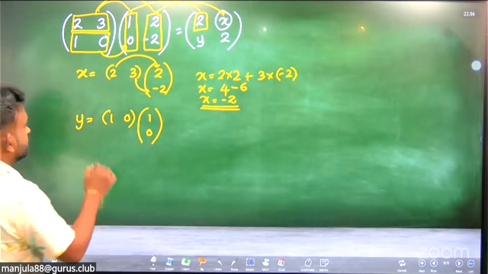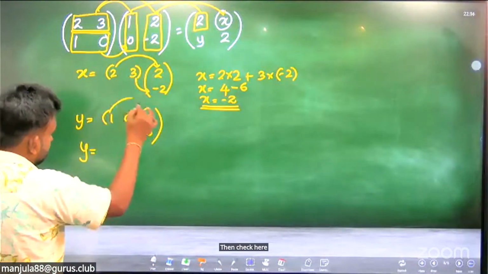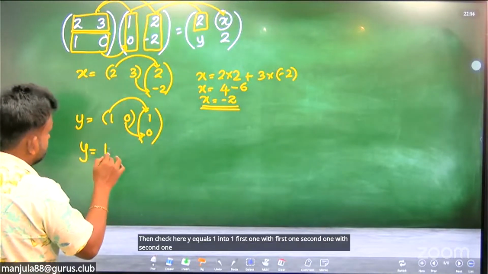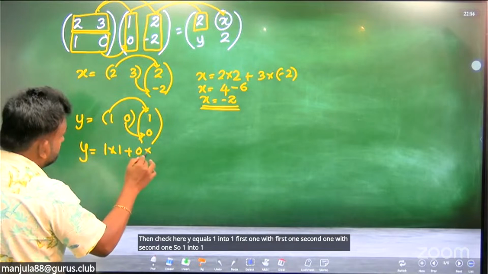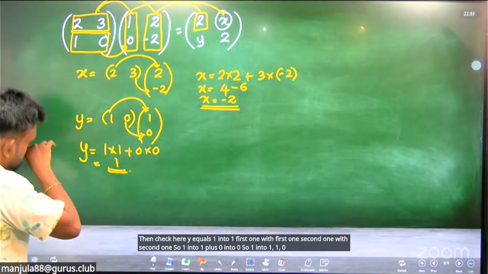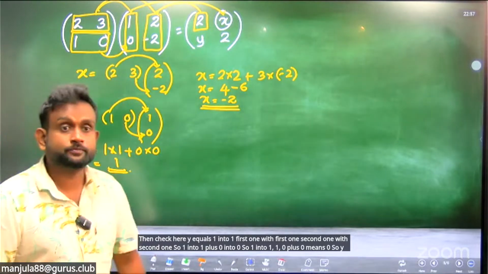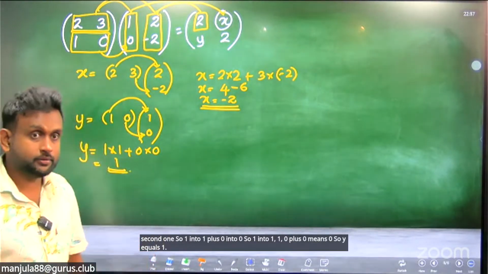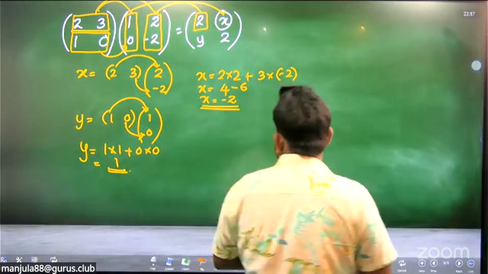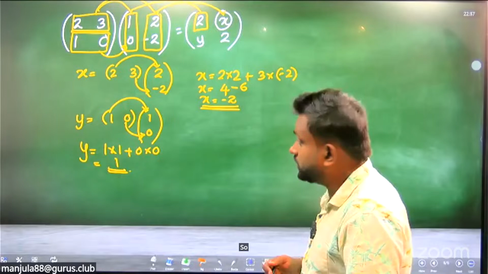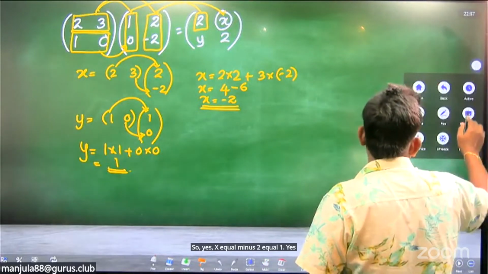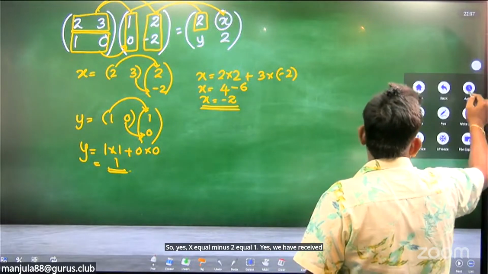Then check here, y equal 1 into 1, first one with first one, second one with second one. So 1 into 1 plus 0 into 0. So 1 into 1 is 1, 0 plus 0 means 0. So y equal 1. Understood? So yes, x equal minus 2, y equal 1. Yes, we have received the answer. Very good.